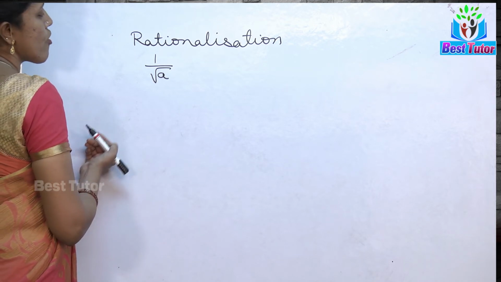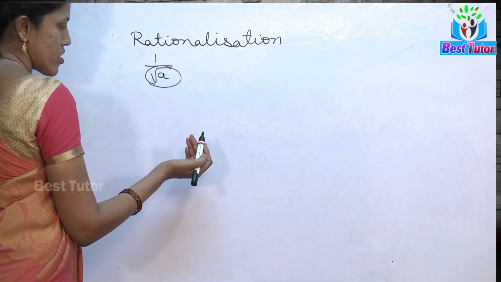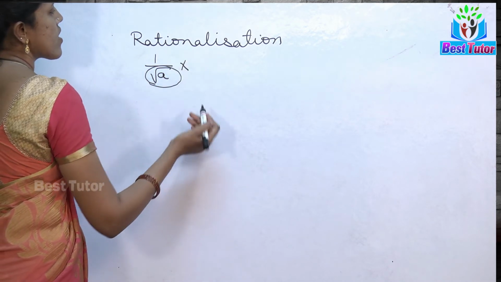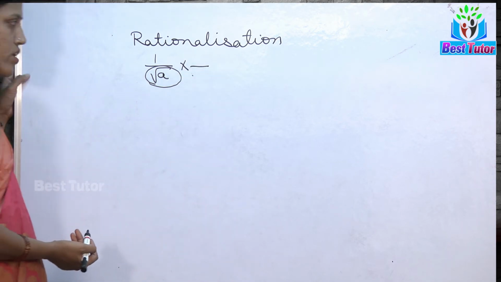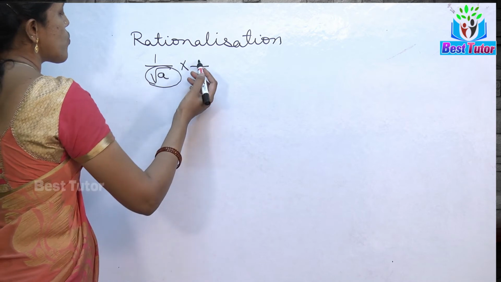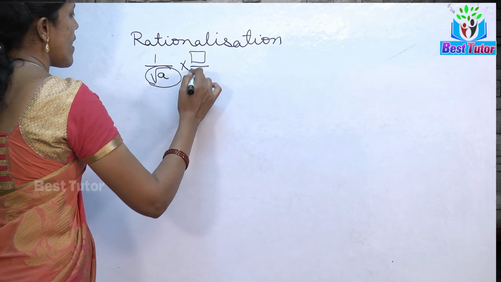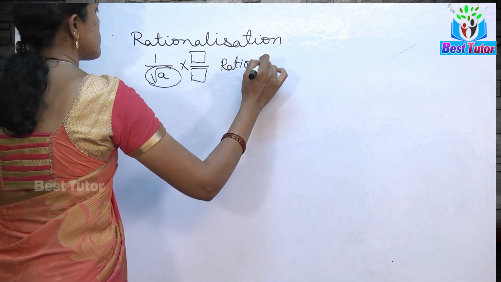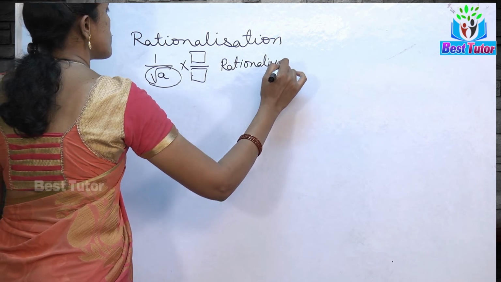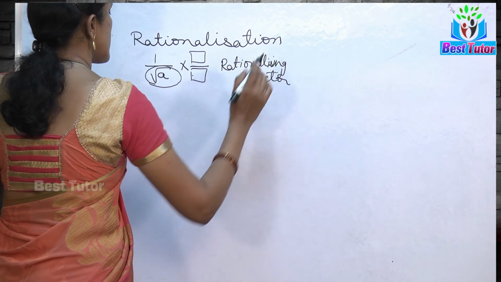Then the process of converting this irrational number into a rational number by multiplying this entire fraction with a suitable factor is called rationalization, and the factor with which we are multiplying the numerator and denominator is called the rationalizing factor.